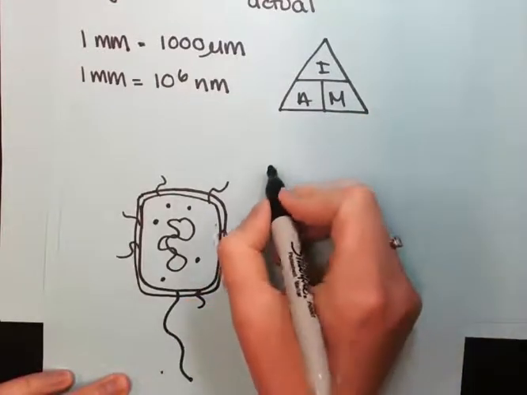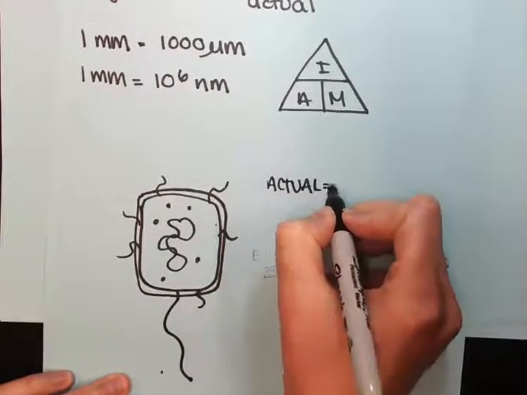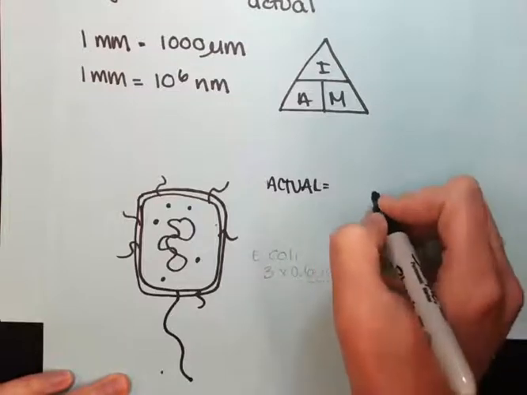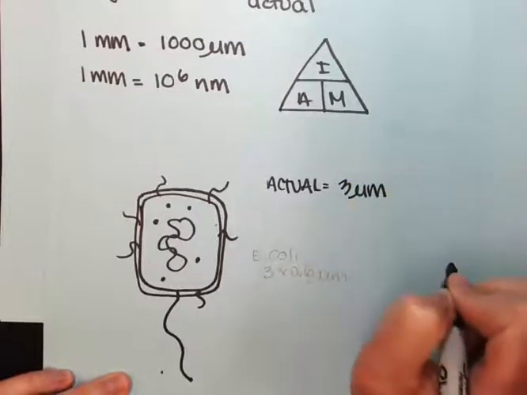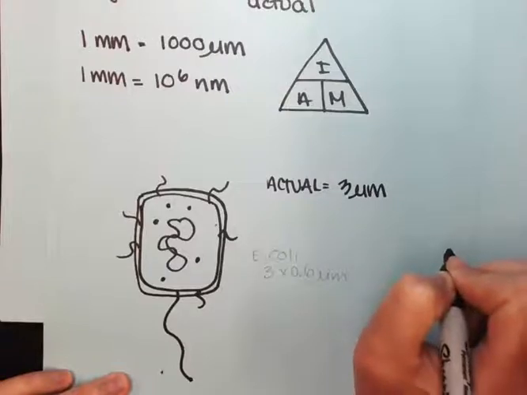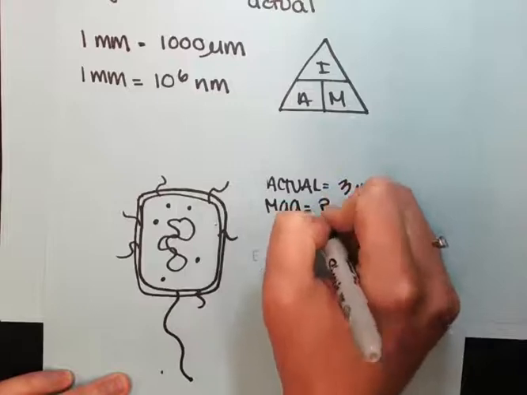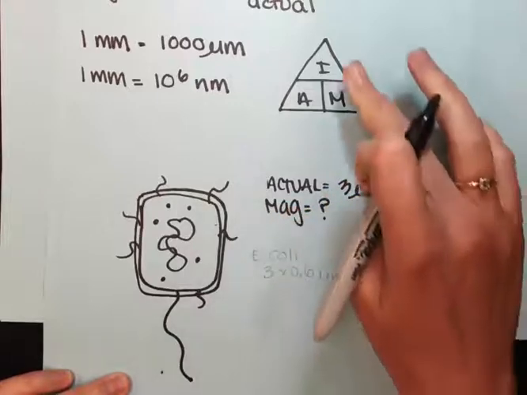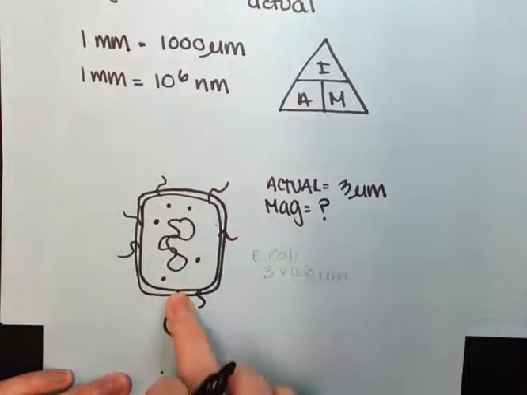So that means that the actual value is going to be 3 micrometers. I want to know the magnification of my drawing. So that's what I'm trying to solve for. So what I need to figure out is what is the image.